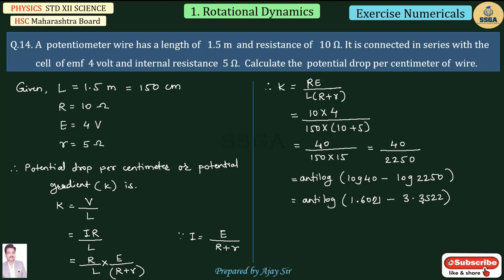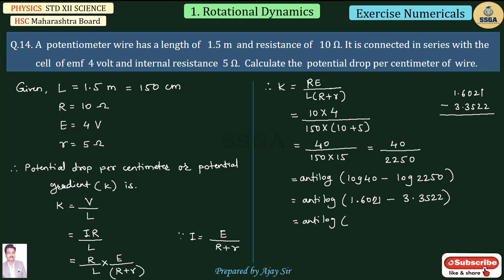Just subtract this. After subtraction, you get the antilog of 1.6021 minus 3.3522. Let us subtract this.